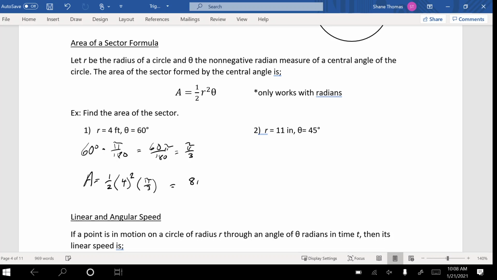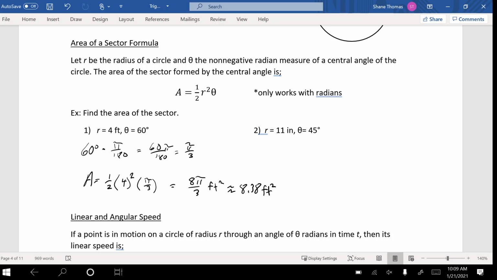So I'm looking at 8 pi over 3. That'd be 8 pi over 3 feet squared, which would be roughly 8.38 feet squared.